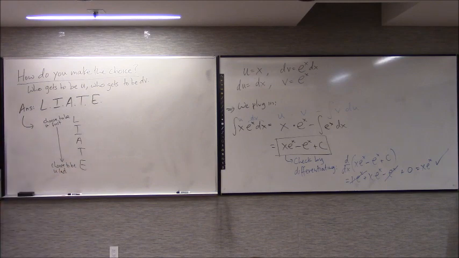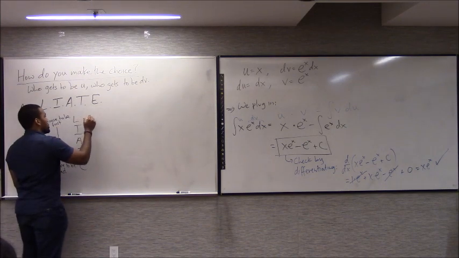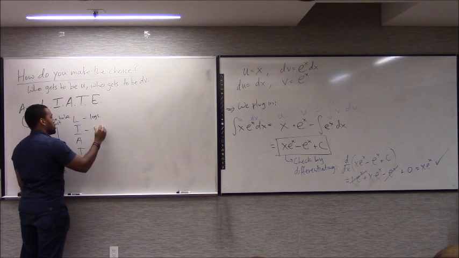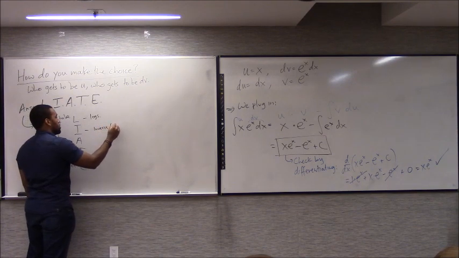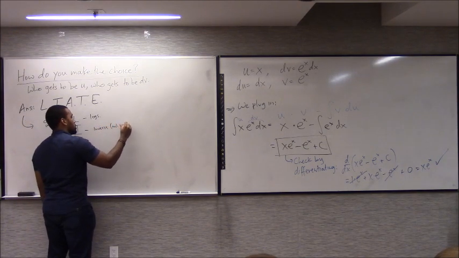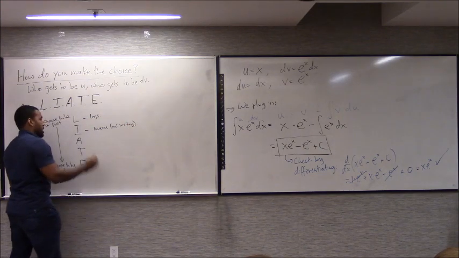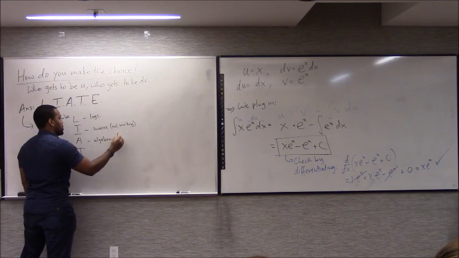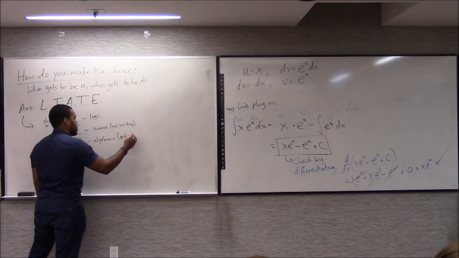So this represents the kinds of functions you'll usually encounter in a Calc 1, 2, or 3 course. L stands for logarithms. I stands for inverse functions, including inverse trig. A stands for algebraic, which here they mean polynomial.